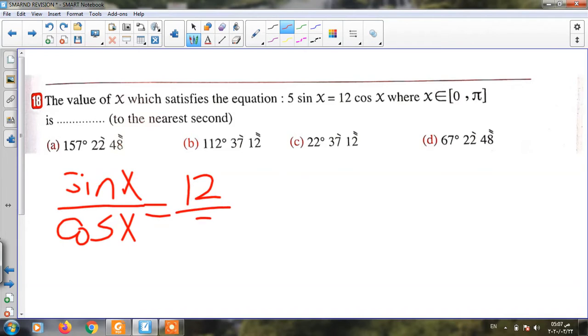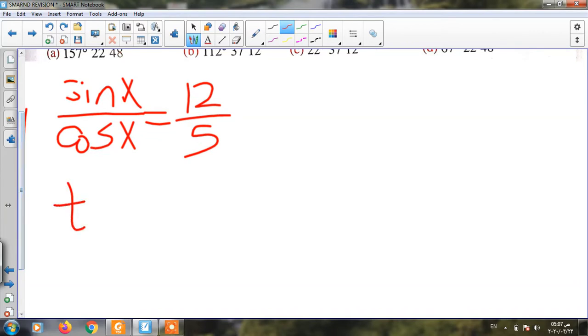If you look, we move the cosine under the sine, it will be sine over cosine, and move the 5 to the other side, it's going to be 12 over 5. What about sine over cosine? It's tan. So tan x will be 12 over 5.